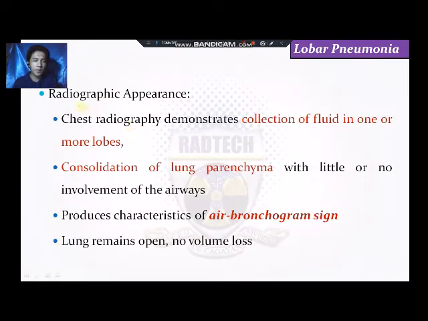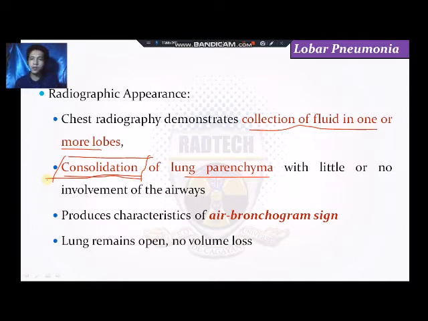Okay, so for the radiographic appearance, if the patient has lobar pneumonia, chest radiography demonstrates a collection of fluid. Again, pneumonia is infection and inflammation, and it is related to fluid accumulation. So there is a collection of fluid in one or more lobes, and then consolidation of the lung parenchyma. Take note of this terminology.